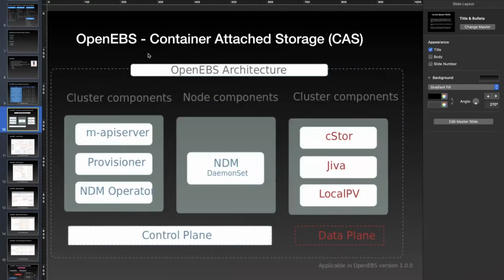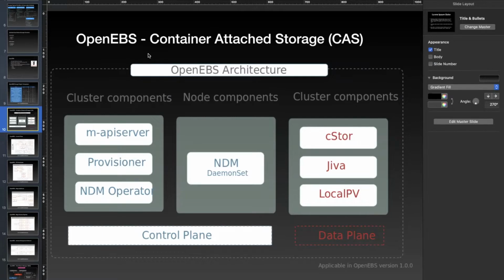So we'll start with the OpenEBS architecture. This is a high level overview of how OpenEBS components are stacked. We have three components: cluster components, node components, and again cluster components.